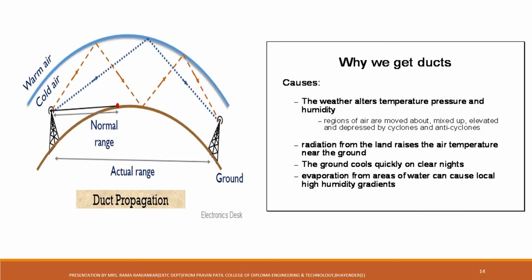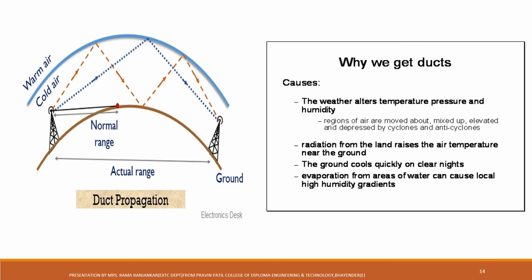So let's see duct propagation. Why do ducts occur? Because the weather alters the temperature, pressure and humidity. Regions of air are moved out, mixed up, elevated and depressed by cyclones and anticyclones.